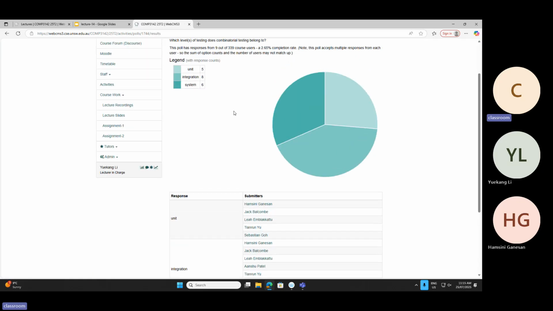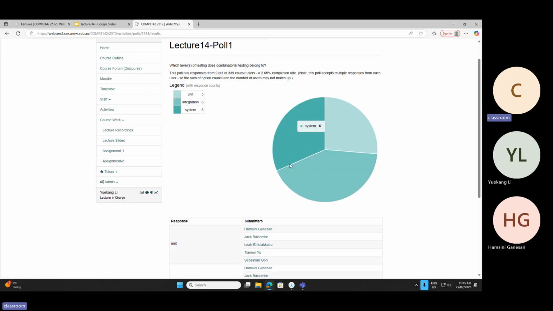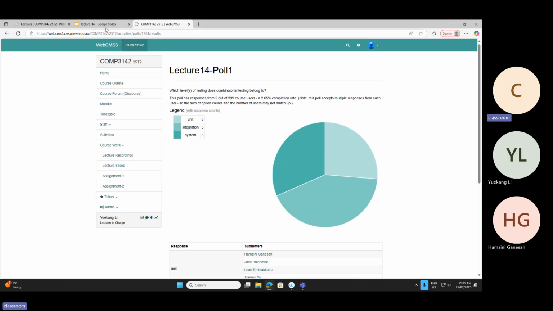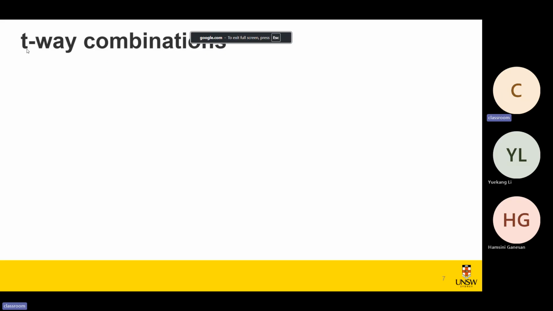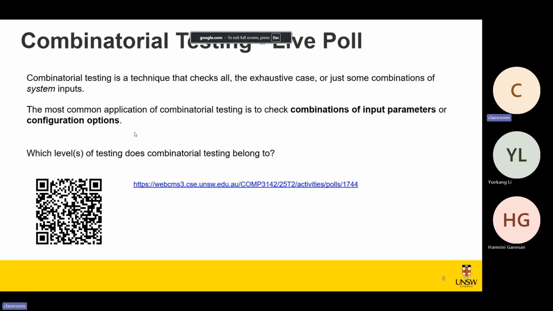So let's see the result. Combinatorial testing actually belongs to all levels.